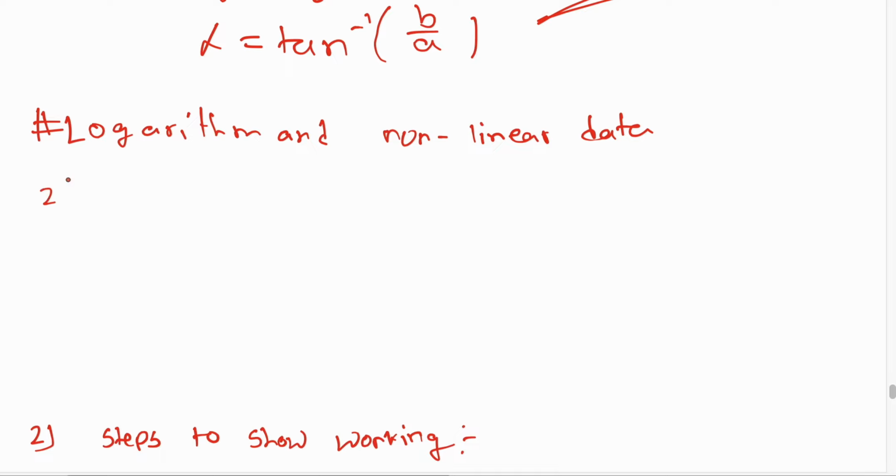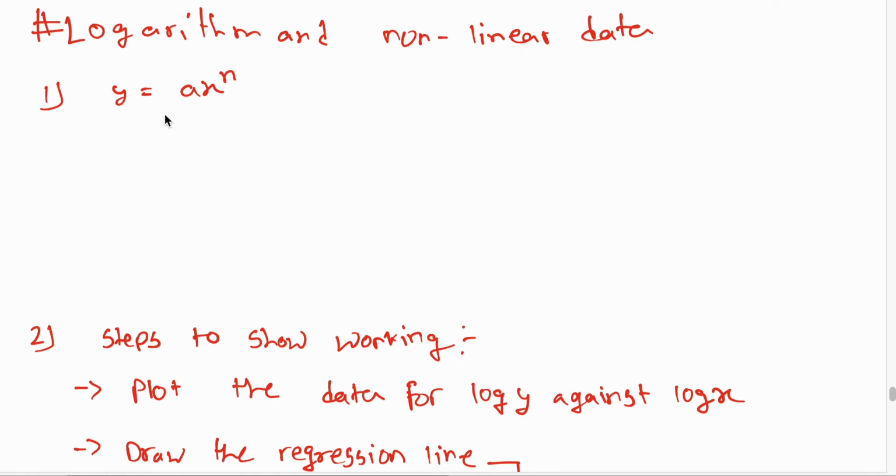Okay, number one, y is equal to a x to the power n. So how can you convert this format into logarithm format? Take log on both sides. Log of y base 10 is equal to log of a x to the power n base 10.